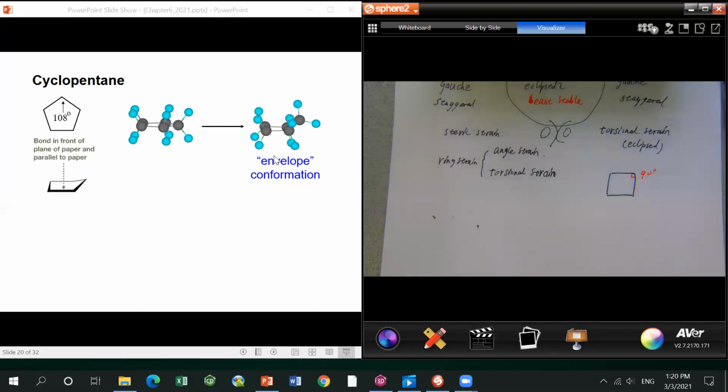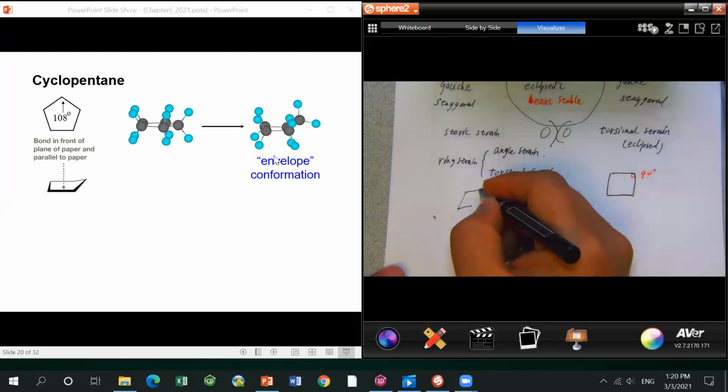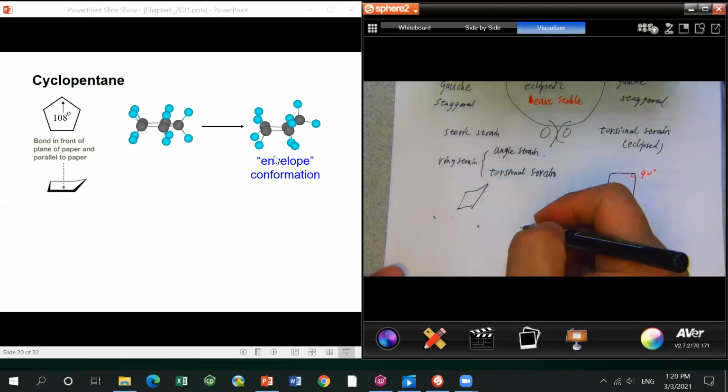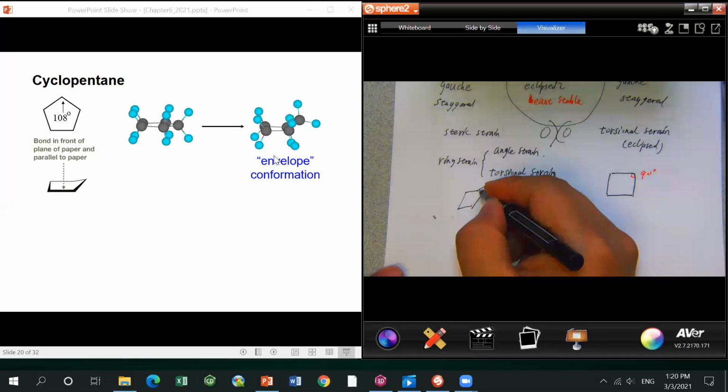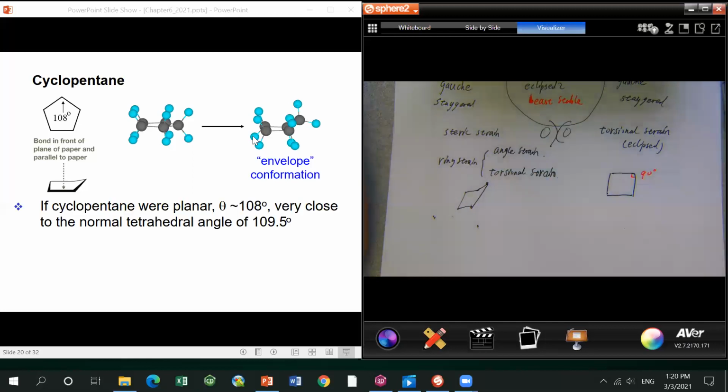Envelope, so maybe you don't need to write the letters anymore. That's the envelope, folded up. That's what I call the envelope.